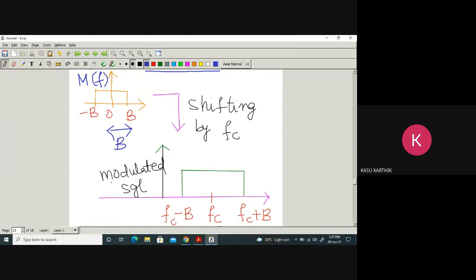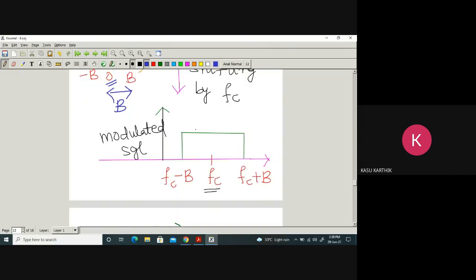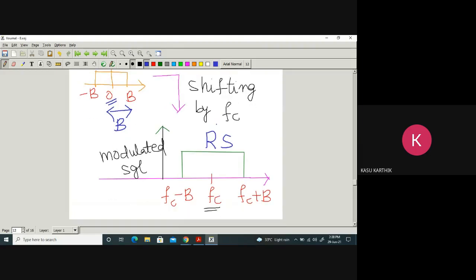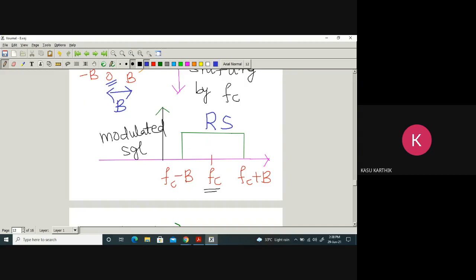Here it has a center frequency of 0. Then we have shifted by Fc towards the left side and towards the right side. So shifting by Fc, this becomes Fc plus B, Fc minus B. Same thing you get on this side also.